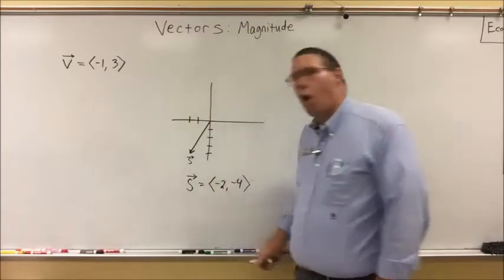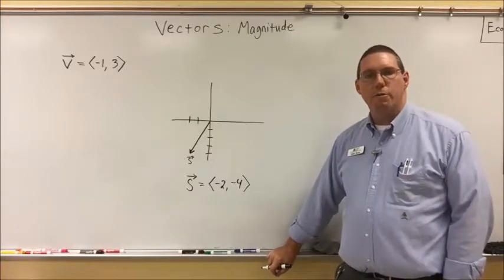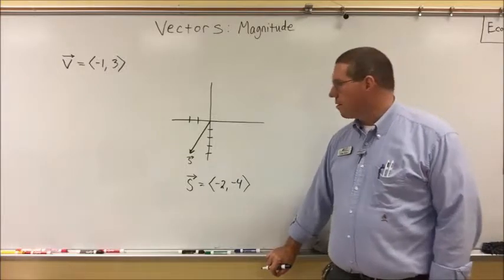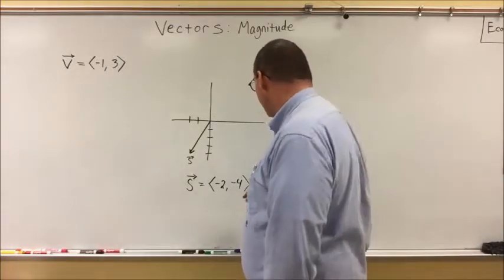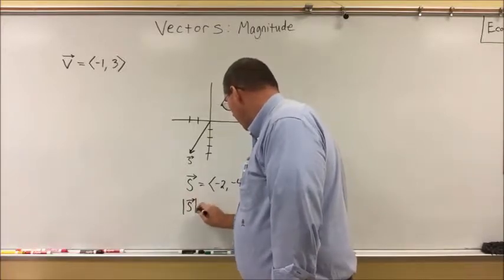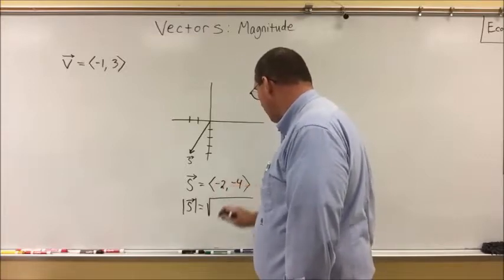If you want to go ahead and pause the video and try these out, try to find the magnitude of each of these vectors, that'll help you a lot. All right, so let's do this one first. The magnitude of vector S is going to be the square root of that number squared plus that number squared.